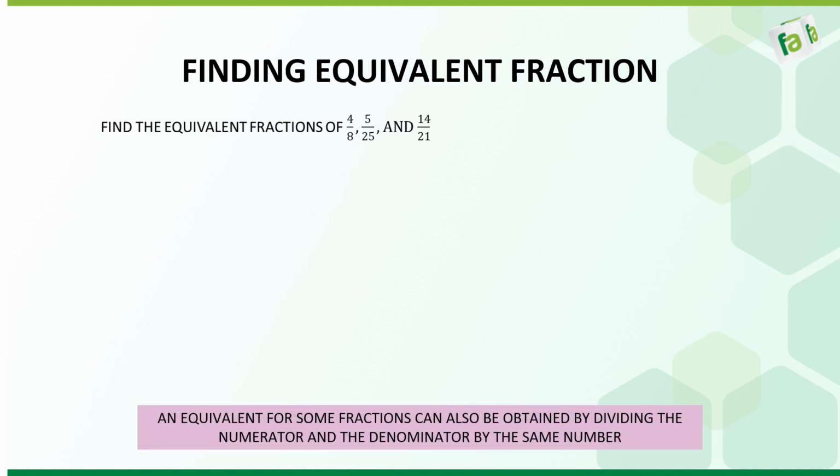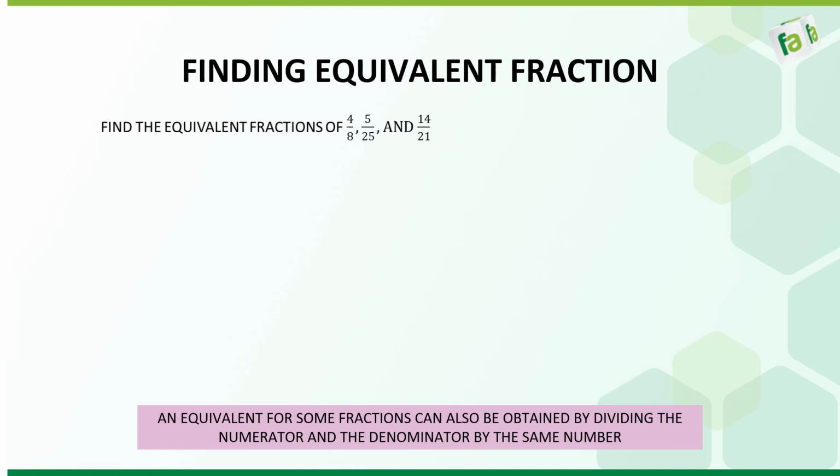An equivalent for some fractions can also be obtained by dividing the numerator and the denominator by the same number. However, this can be done only when the numerator and the denominator are divisible by the same number.